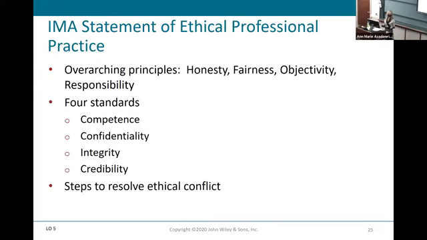Okay, and now we're back to the IMA, because they have codes that they want you to follow. The overarching principles make sense, right? The IMA is telling you, if you're a managerial accountant, we want you to be honest, we want you to be fair, we want you to be objective, and you should be responsible.